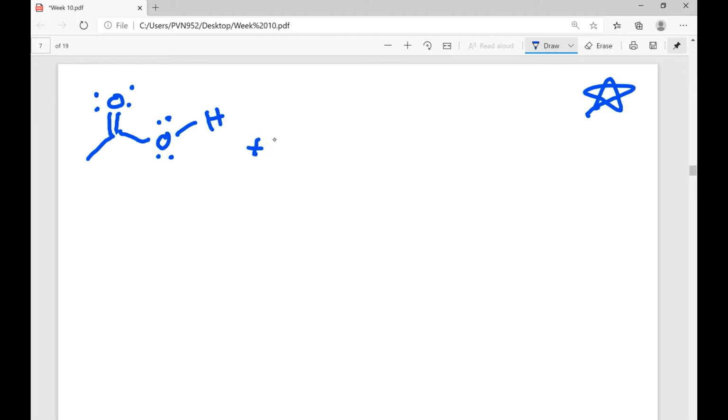So imagine we have in solution our acetic acid, and we treat that with a base. So for a base, let's just use a hydroxide anion.